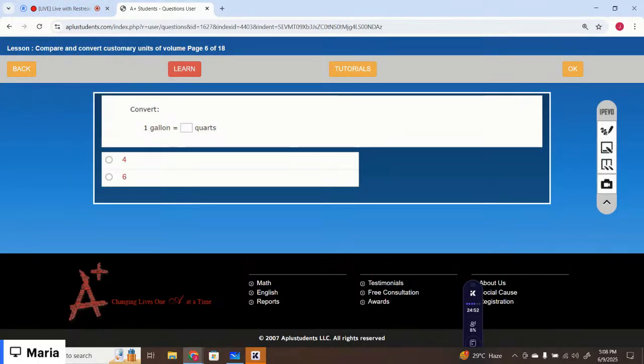One gallon equals how many quarts? One gallon equals 4 quarts. Option number 1 is the correct option.